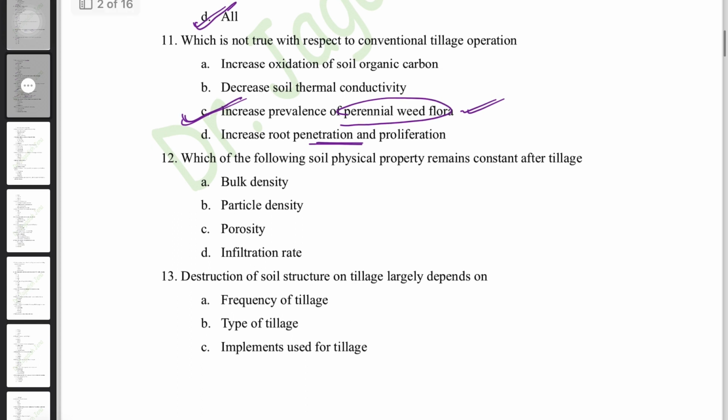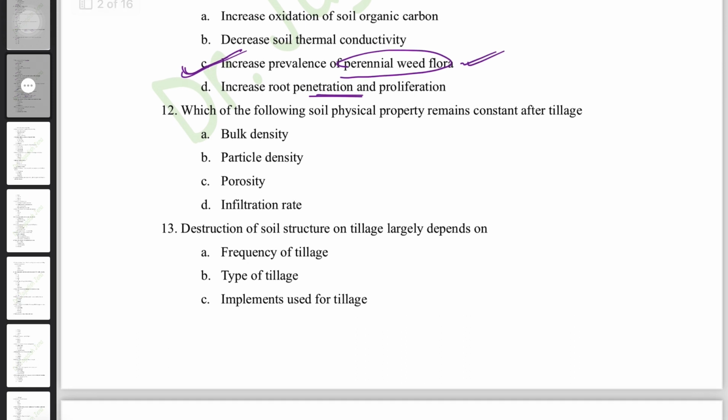Next question, which of the following soil physical properties remains constant after tillage? See, actually particle density remains constant, because bulk density is the mass of soil divided by the total volume of soil, and this total volume consists of volume of soil solids and volume of pores.